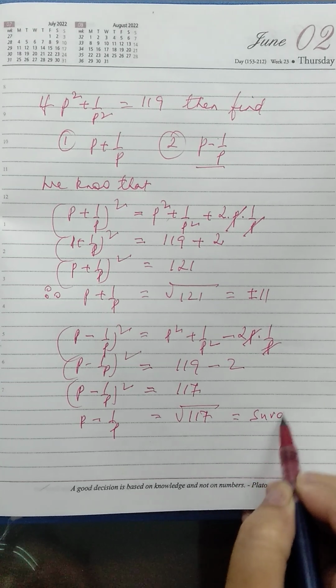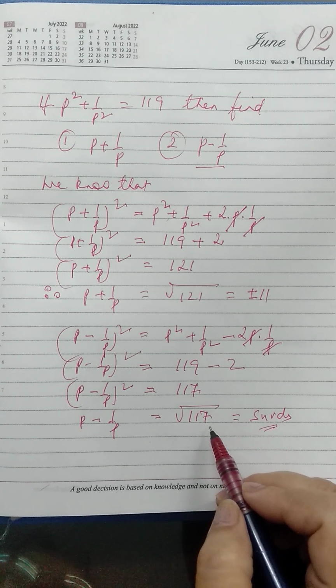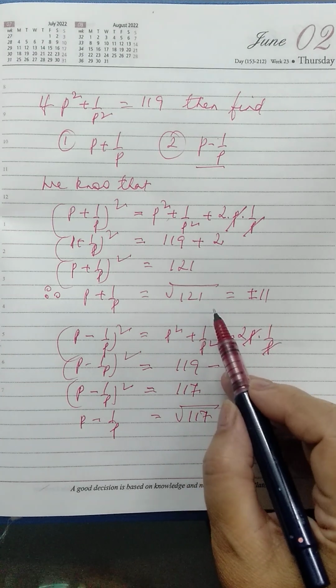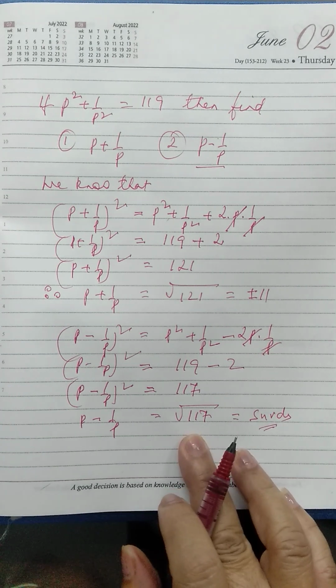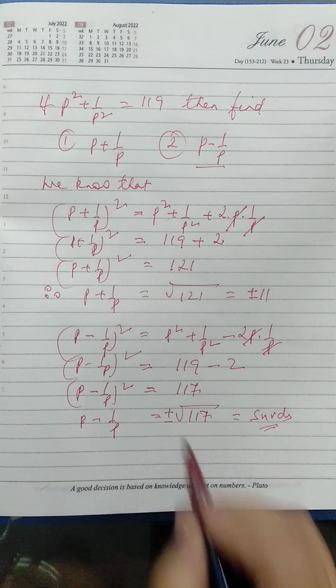It will remain as surds. You can't break this up, because over here we had the square root of a perfect square, 121, but here we do not have any perfect square, so we write plus and minus here.